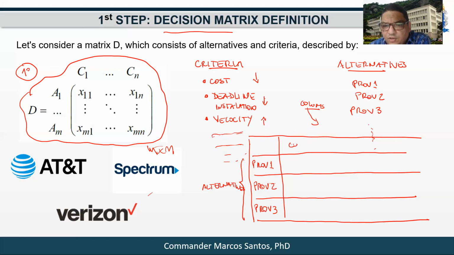Here we have cost, deadline installation, and velocity.